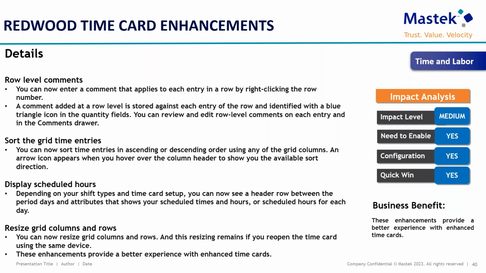In terms of display schedule hours, depending on your shift types and time card setup, we can add the header row between the period dates so that it will display the schedule hours, so that while employees are adding their actual time related details, they can see what are their scheduled hours and against what they are filling their timesheets.